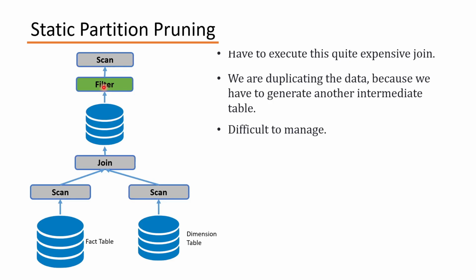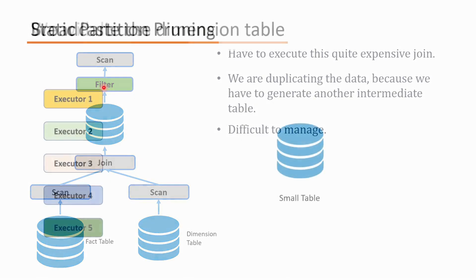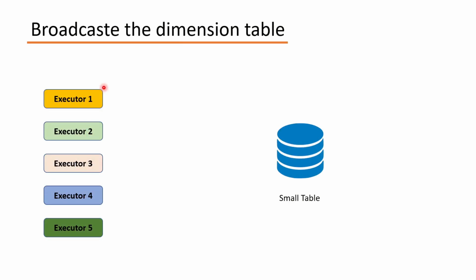So let's see how Spark will do the join. In a general scenario, if the dimension table is small, then it's likely that Spark will execute the join as a broadcast hash join. When we have two tables in a hash join, a number of things are happening. First, Spark builds a hash table out of the dimension table, which we call the build relation.